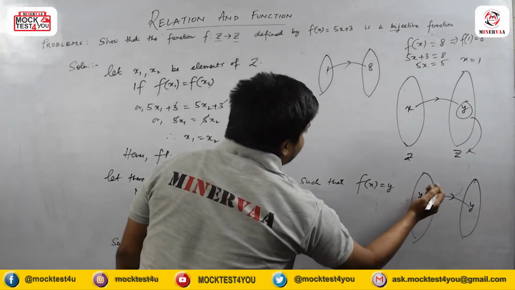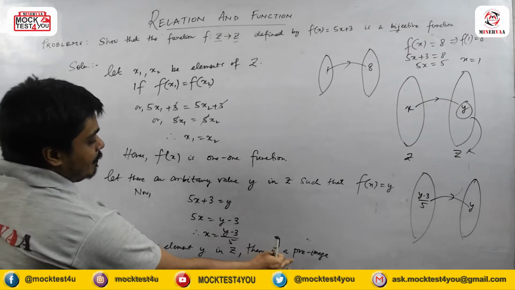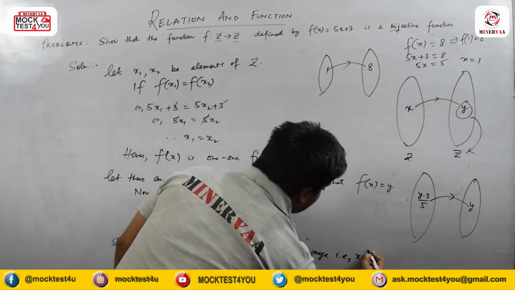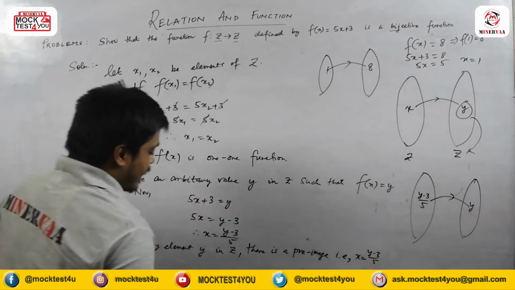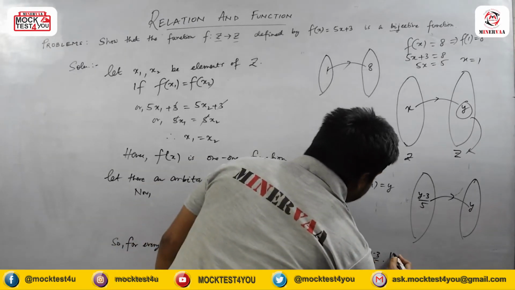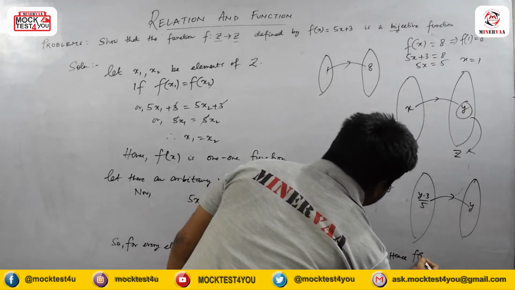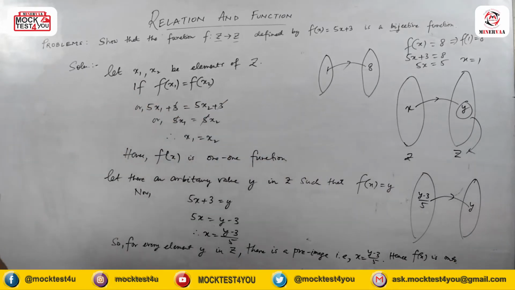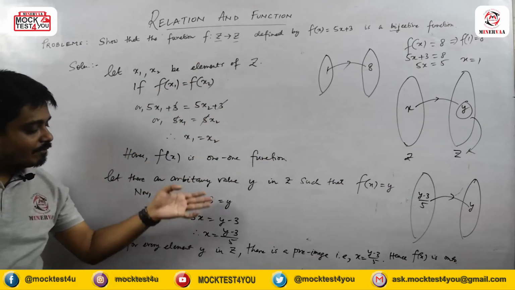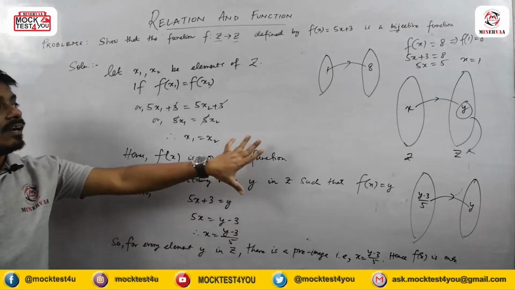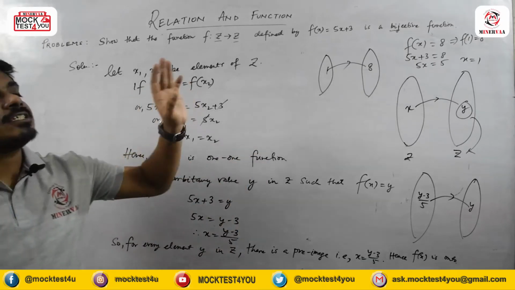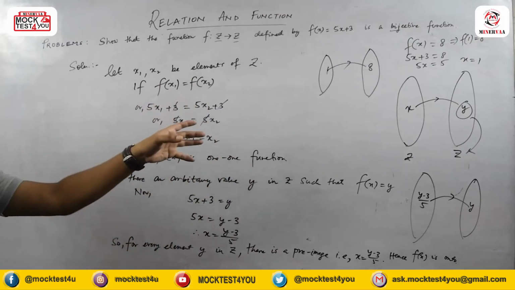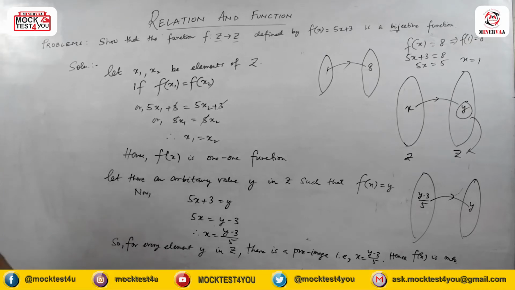The image of (y - 3)/5 is y. There is a pre-image that is x is equal to (y - 3)/5. Hence f(x) is onto. So that's how we prove that the function is 1-1 this way and the function is onto this way. So at the end we can write that the function is bijective function because it satisfied the conditions of bijective function, that is 1-1 and onto function.